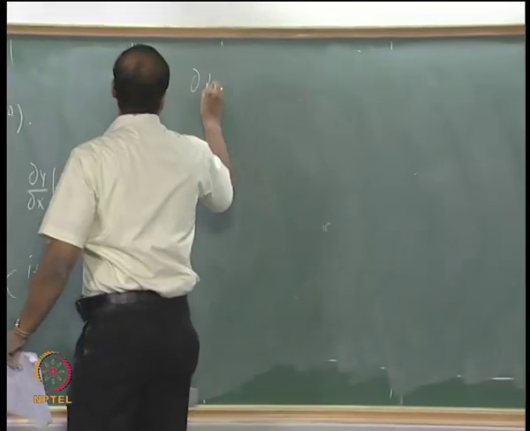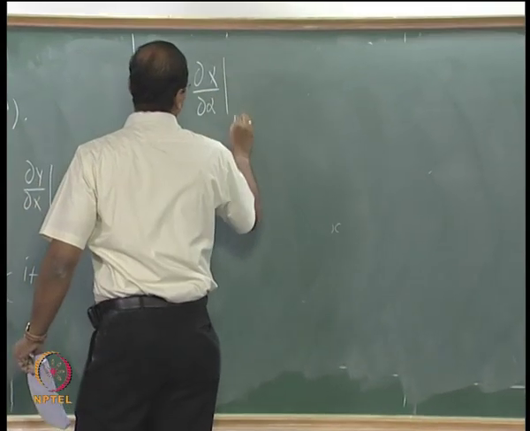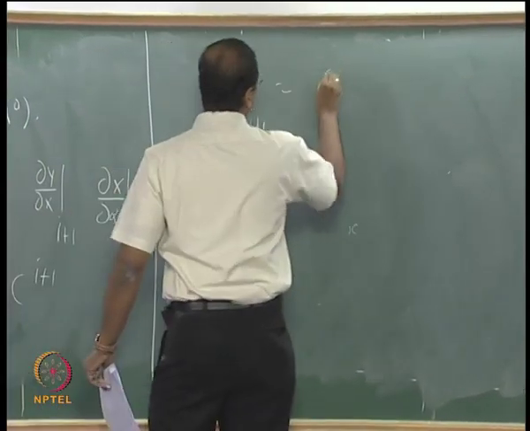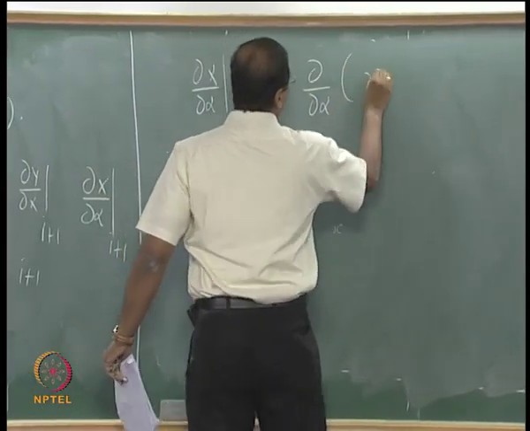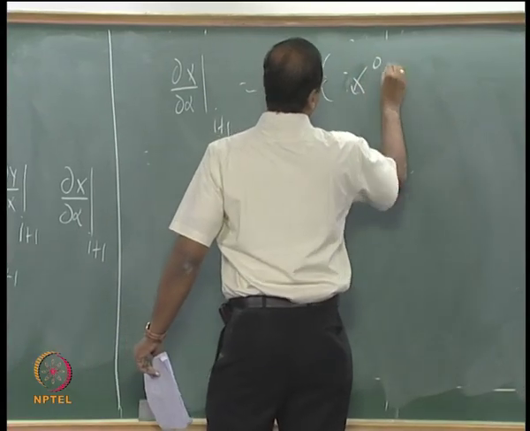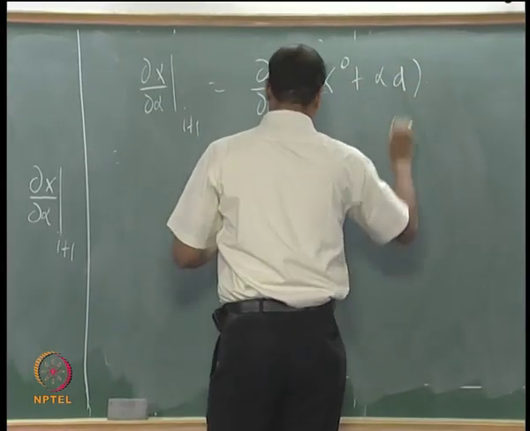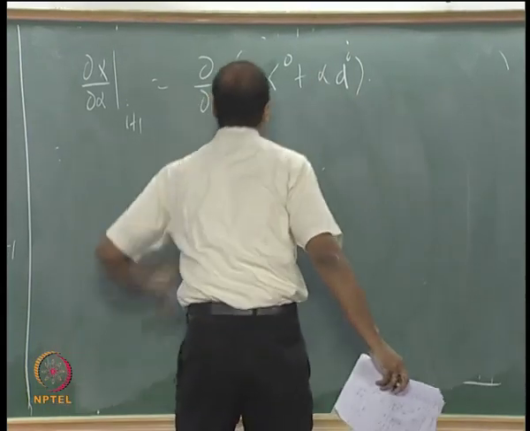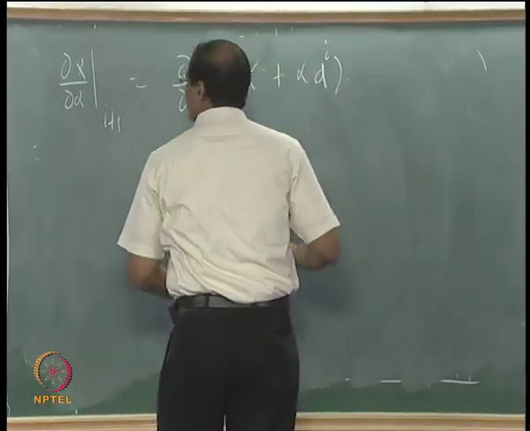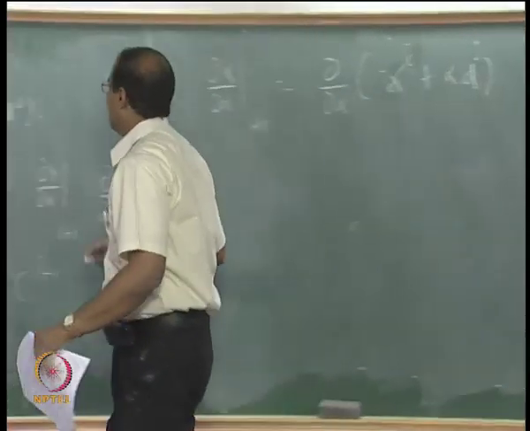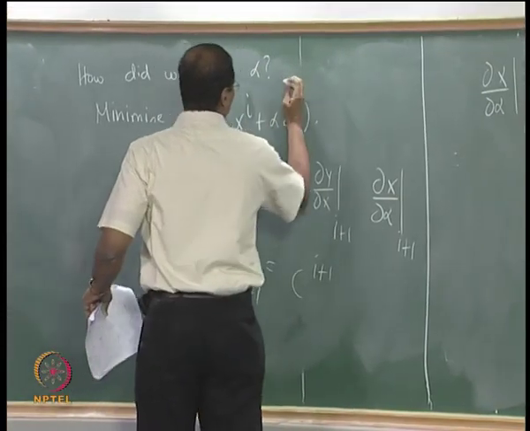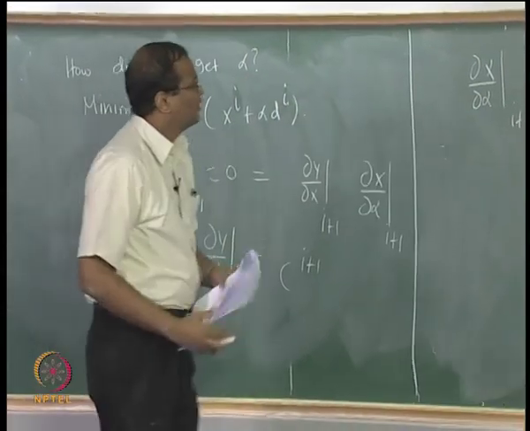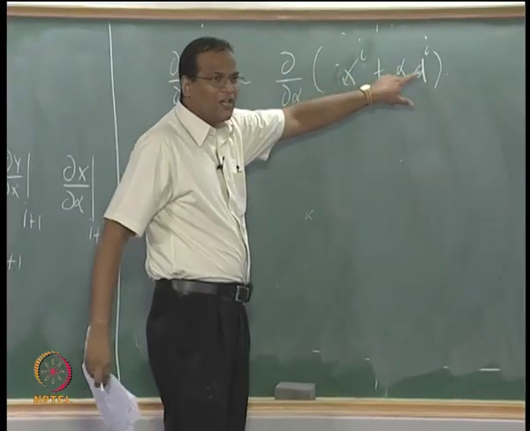What is dou x by dou alpha at i plus 1? It is dou by dou alpha of the update. I can't put 0, I have to put i, for the general notation. So if you take the derivative with respect to alpha, what do you get?